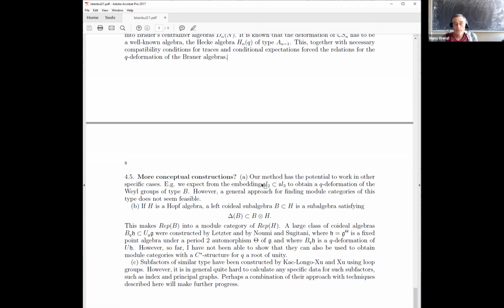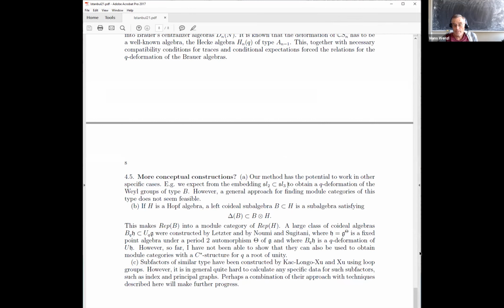So maybe for the case SL2 and SL3, which I already mentioned before, it should be possible to do this. But it seems a rather messy method to do in general. Now, I probably could have done this case, which I did a long time ago, but I really tried to avoid this and was looking for something more conceptual.